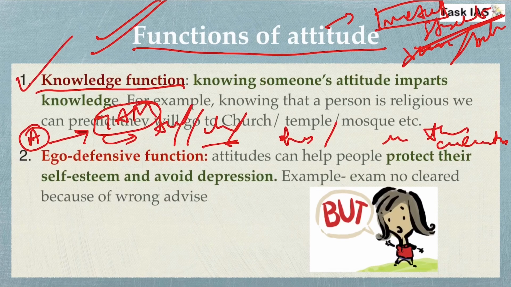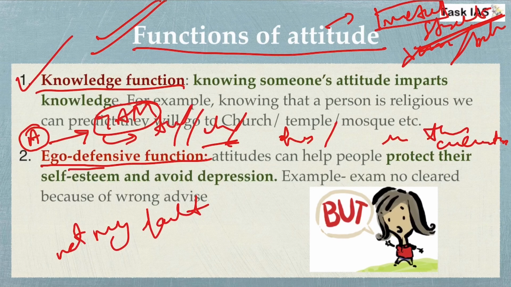Secondly, ego defensive function. Ego defensive means that attitude helps us to protect our self-esteem because it gives us an excuse that I want this thing, but something bad happened due to another person's mistake, not my fault. So this helps in the ego defensive function.